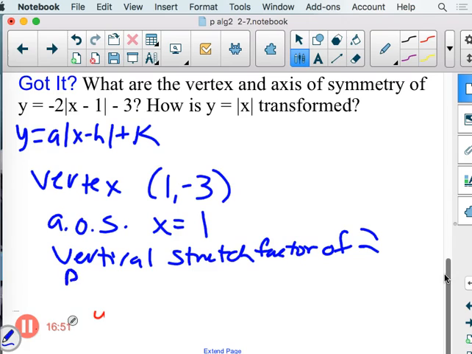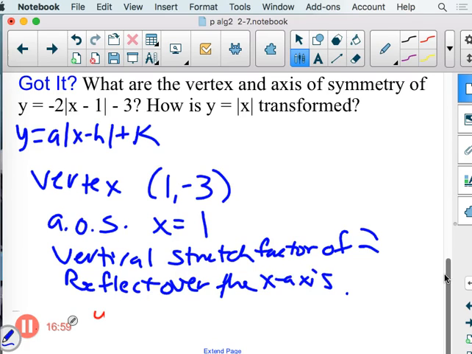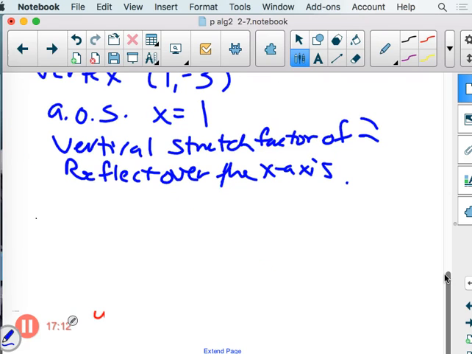Reflect over the x-axis. All right, so we've got our little -2 out front here. What's this doing here? 1 to the right, exactly. So translate 1 unit right.